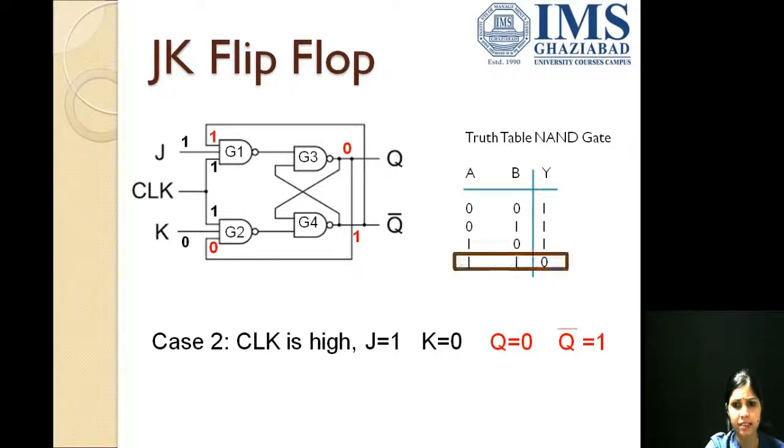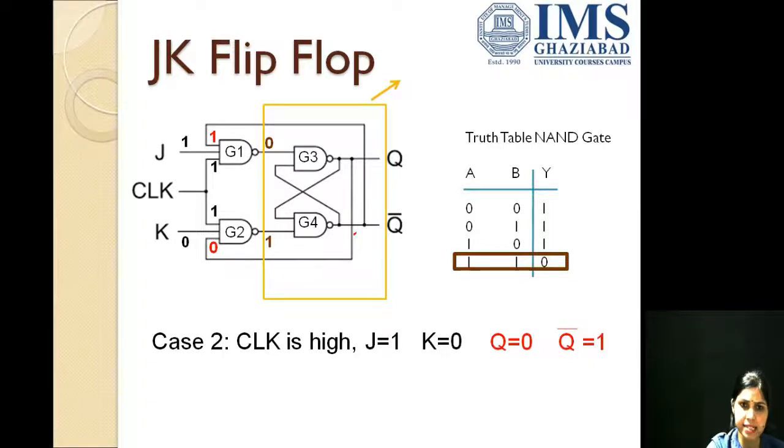Now, let us see the truth table for NAND gate. When all the inputs are 1, the output is 0. So, the output for G1 is 0, and when even one of the inputs is 0, the output becomes 1. Thus, the output from G2 is 1. Now, this highlighted portion, as you can see, is a SR latch with NAND gate.